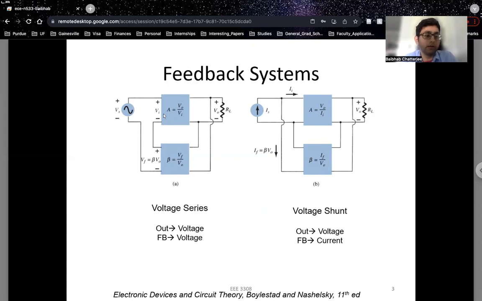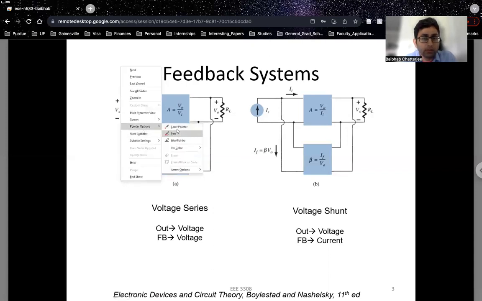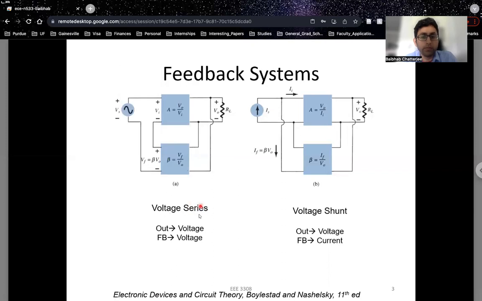So think about how you just stack voltage sources or batteries in series when you are trying to increase the overall voltage. So voltages can be put in series, currents can be put in shunt or in parallel. So voltage series means your output quantity is a voltage and your feedback quantity is fed back in series, which means it has to be a voltage.